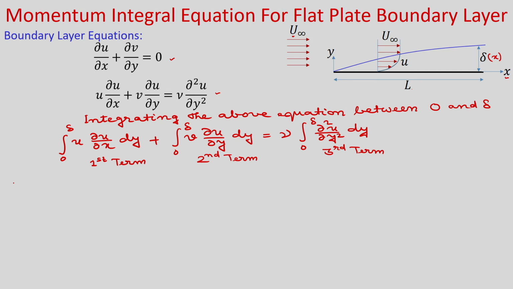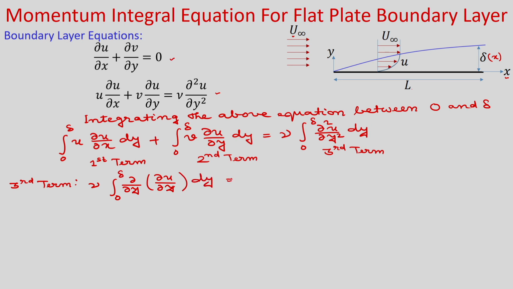So, let us first consider the third term. You can see the third term is nu integral 0 to delta. This term we can write as del of del y del u by del y dy.